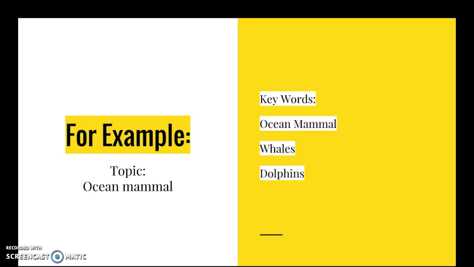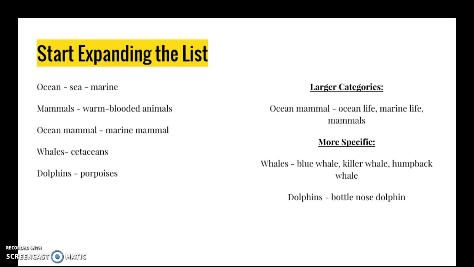So, for example, my topic, ocean mammal. Keywords, ocean mammal, whales, dolphins. Then I start expanding my list. So I'm going to take those and ocean, sea, marine, mammals. I know they're warm-blooded, ocean mammal, marine mammal. Then you go over to the other category. You can break it down into larger categories, and then you can get more specific.